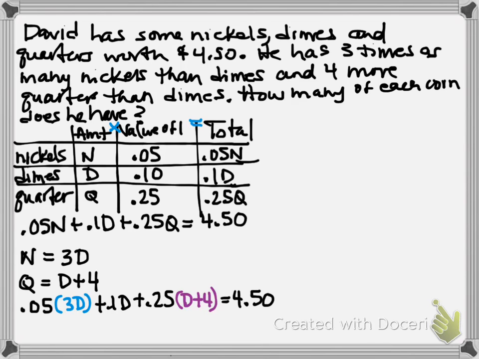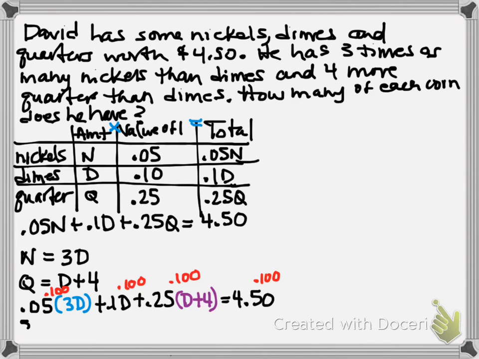All right, so now we have this decimal thing to contend with. I don't want to. So what could I do to get rid of the decimals? Multiply by 100. Remember, there's 100 cents in a dollar. So I'm going to multiply all of these by 100. All I'm going to end up doing is moving the decimal point twice to the right.